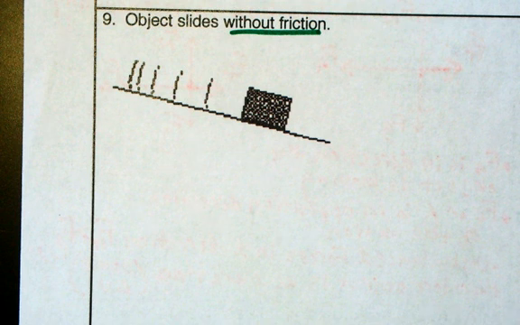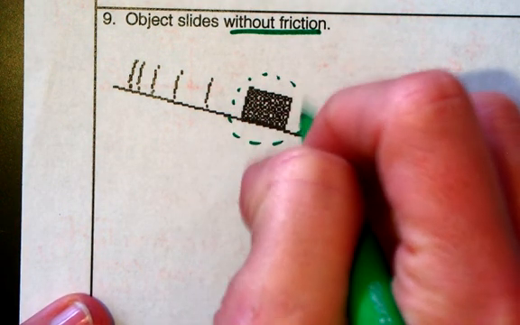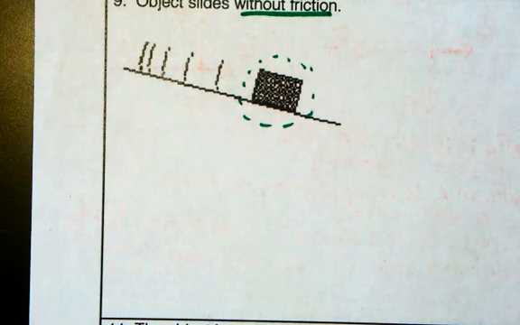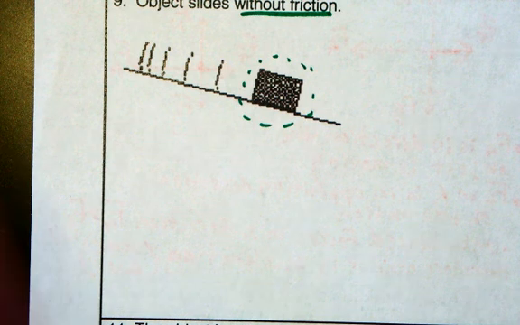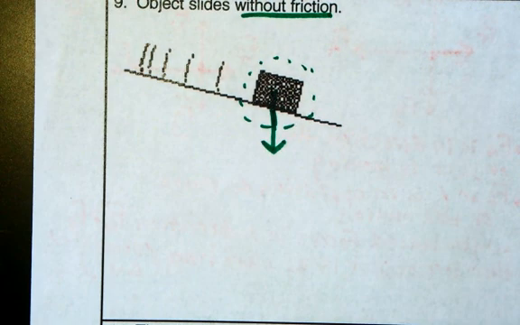Okay. All right. What you got? Excellent. How do we draw it? Straight down. Perfect. Okay. What else?